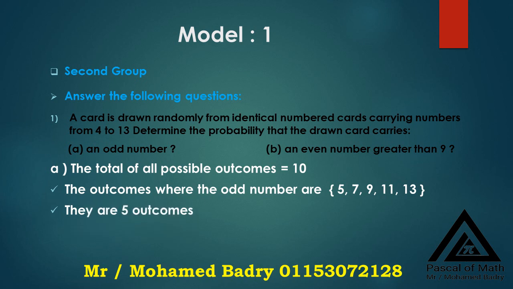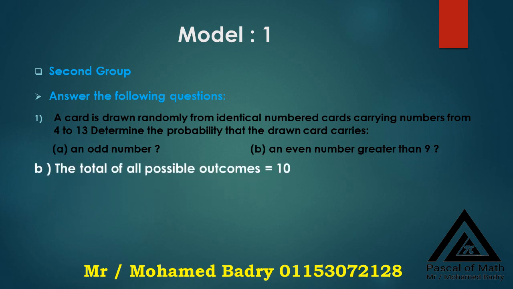They are 5 outcomes. Therefore, P of A equals the number of outcomes over all possible outcomes equals 5 over 10 equals 1 over 2.